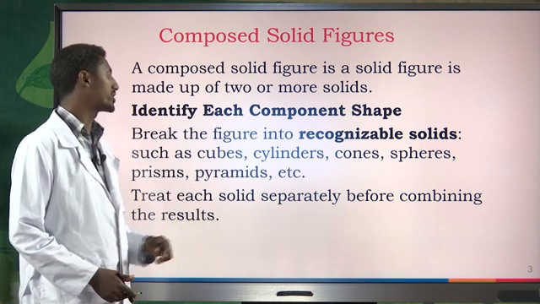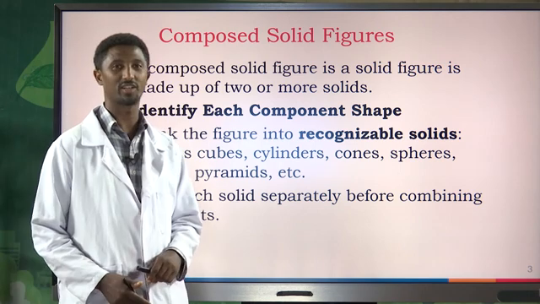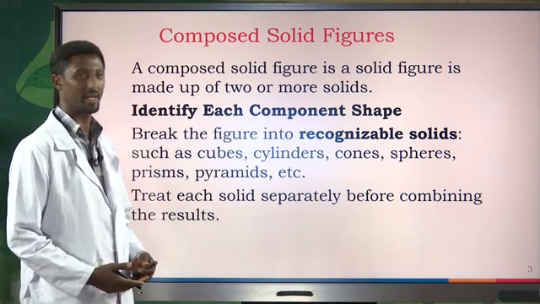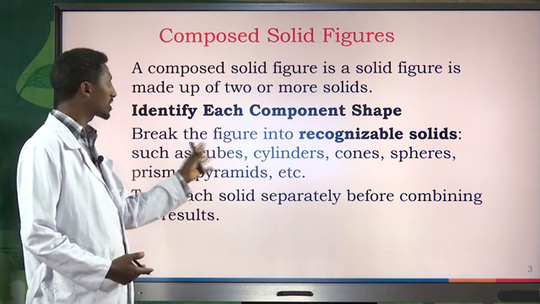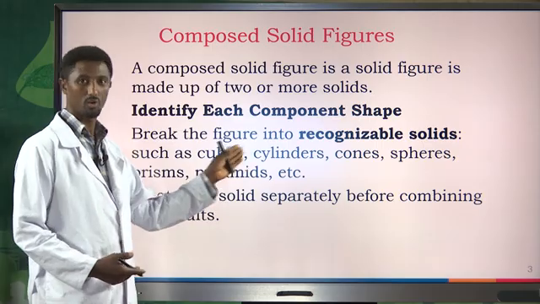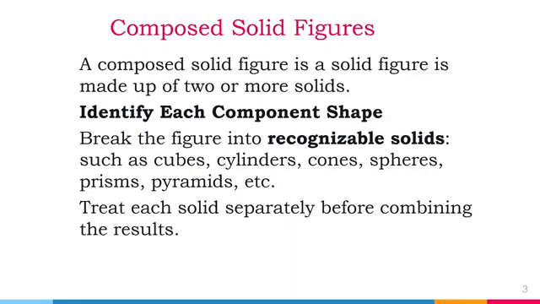Treat each solid separately before combining the results. If it is about surface area, we'll compute the surface area of each recognizable solid individually. Then after, we'll either add or subtract depending on the solid figure.